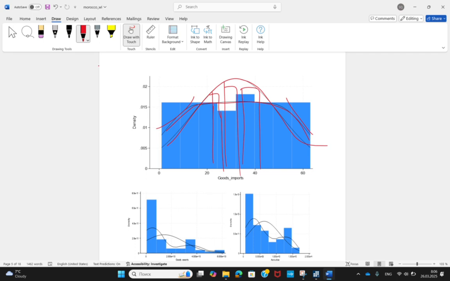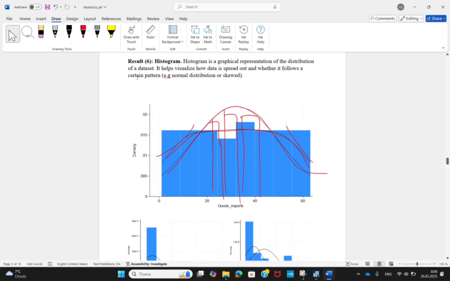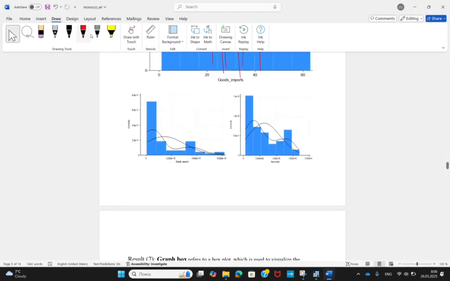Histograms. The main idea is that it should be bell-shaped, close to normal distribution, and we can say it is skewed to the left. In the first years, they exported more goods, in 1960.